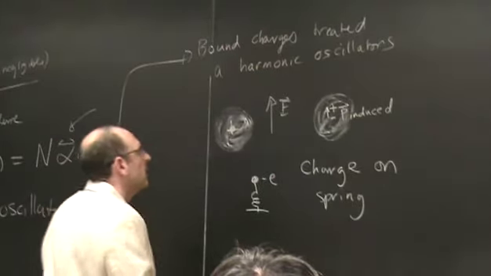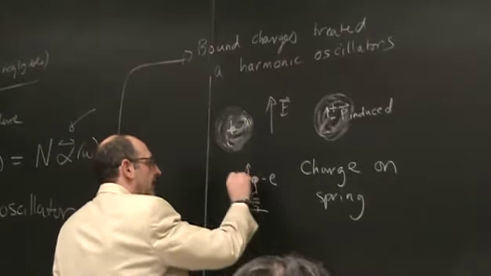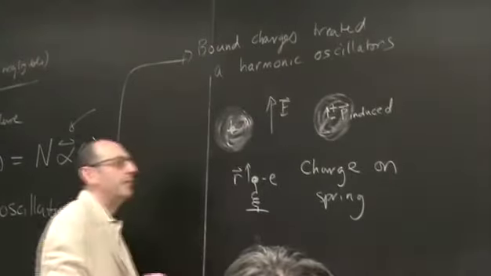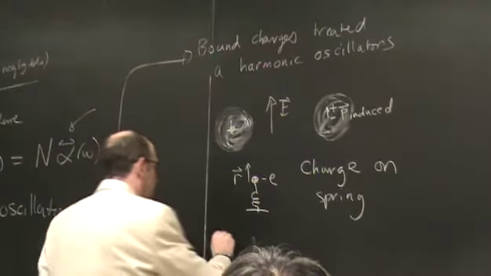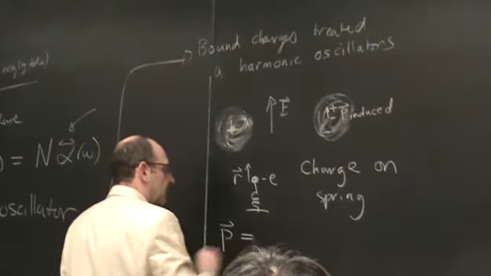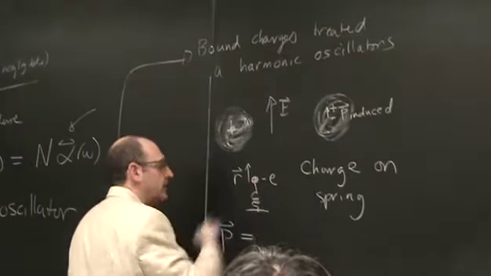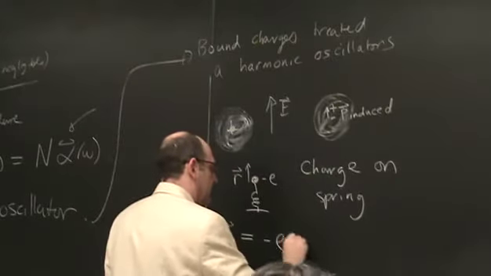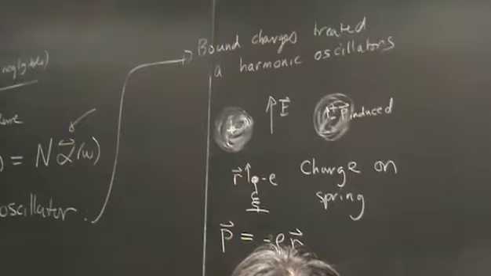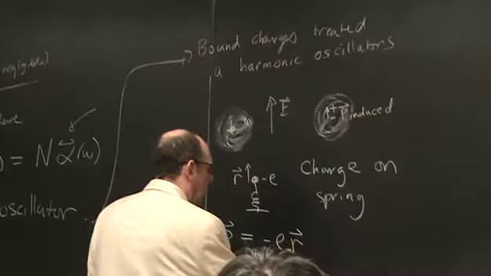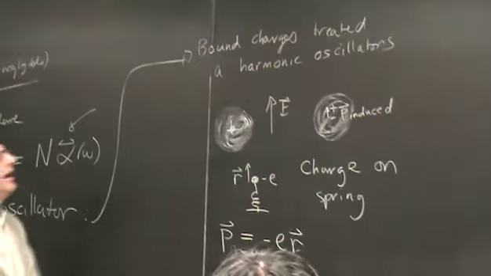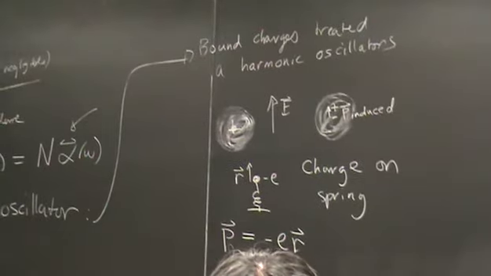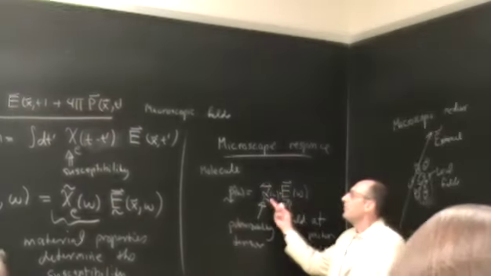Then there's some displacement of this electron from its equilibrium position. The dipole moment of this single electron bound system is minus e times its displacement. So the goal is to determine how much displacement we get from equilibrium when we apply an external field, and then from that determine what the polarizability is.